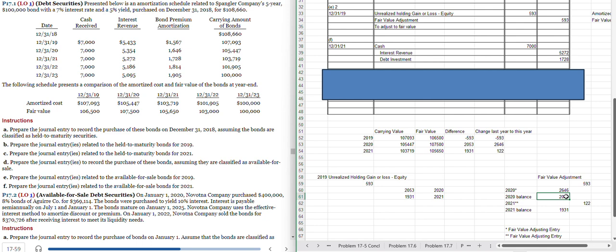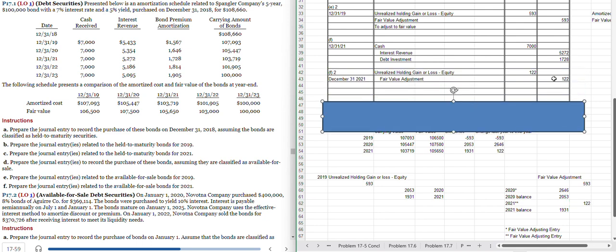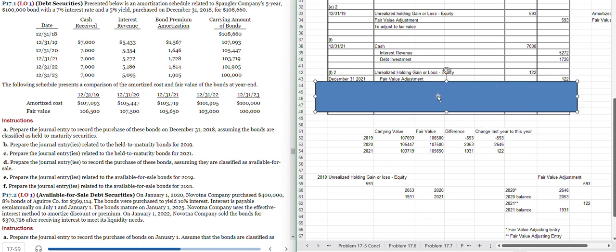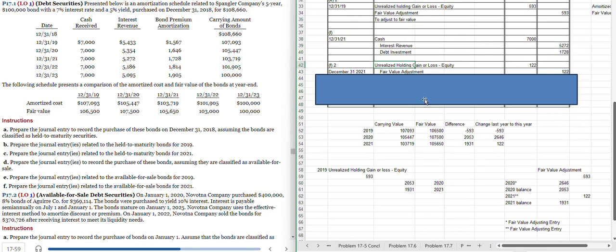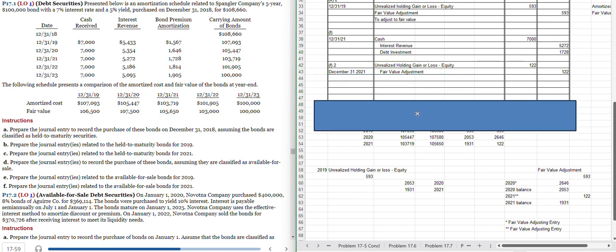In order to decrease our debit to 1,931, we need to credit the fair value adjustment account for 122, which will be our journal entry. To balance the equation, we need to have an unrealized holding gain or loss in the equity account, because this is an available for sale bond, in the amount of 122. I got these in Excel, and that's all the entries you need to make for this question.